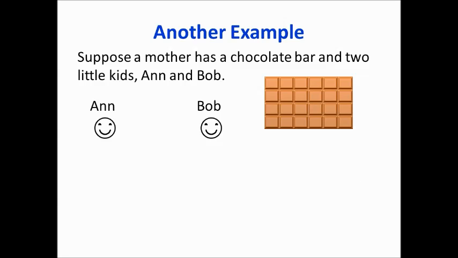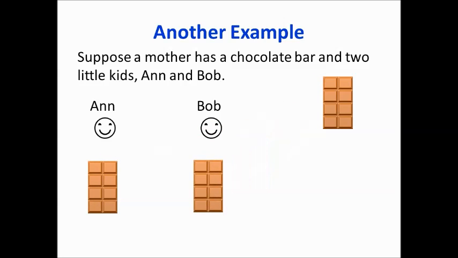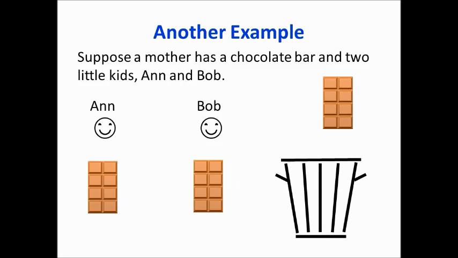What we could do is give 1/3 to N and 1/3 to Bob, and the other third we put in the rubbish bin. So we essentially wasted it. Now, is this allocation Pareto efficient? The question is, can we find a Pareto improvement?